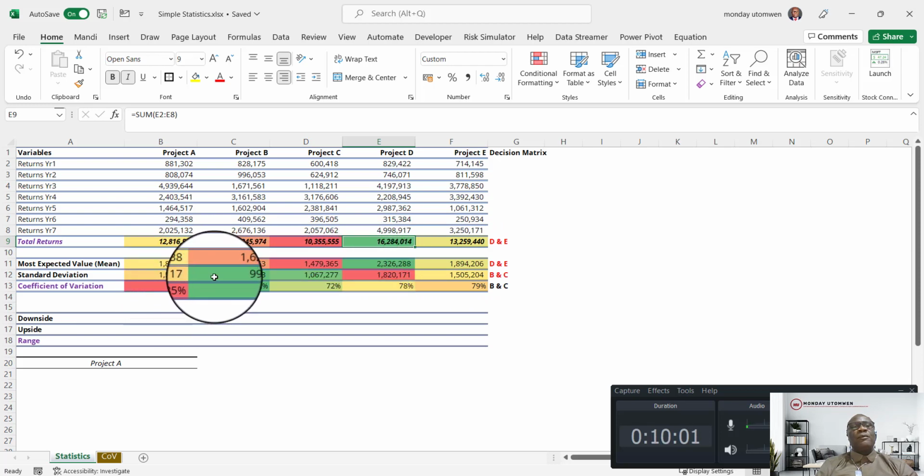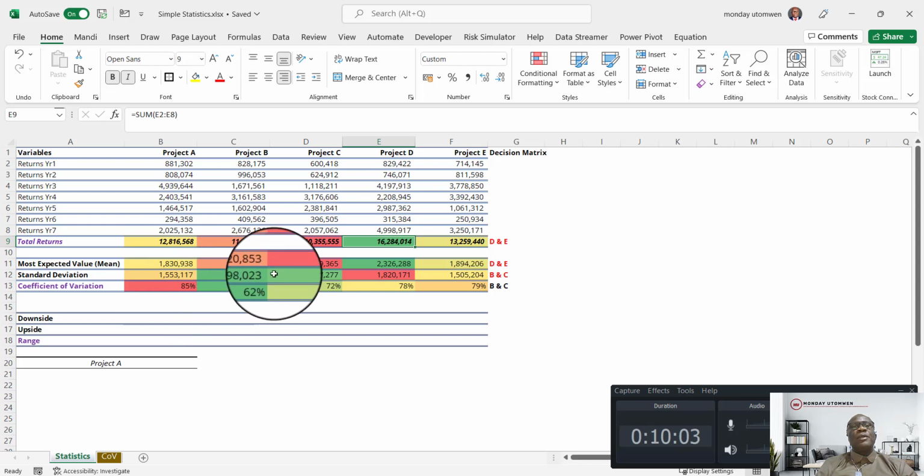And the standard deviation is the deviation from the expected. We want the deviation from the expected return to be small, because the smaller the deviation from the expected return, the more optimized the return is.